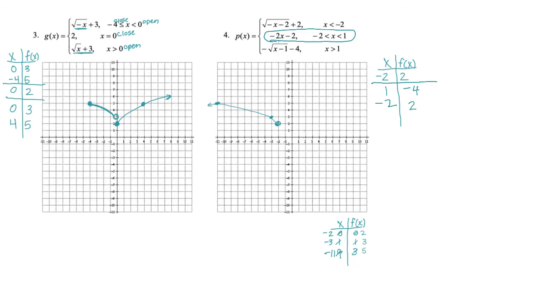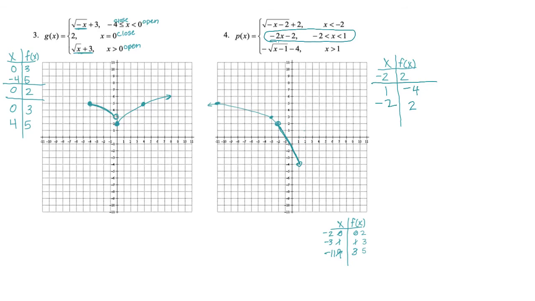Now let's see. We've got (-2, 2), which is open. And then we have (1, -4). And that one is also open. And so just pretend that's a straight line. So we have a straight line for that portion.